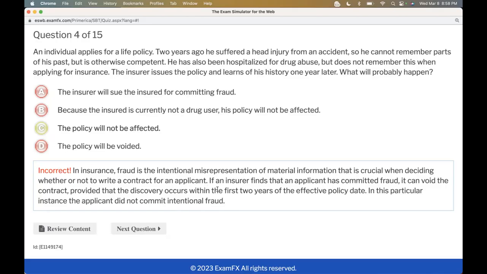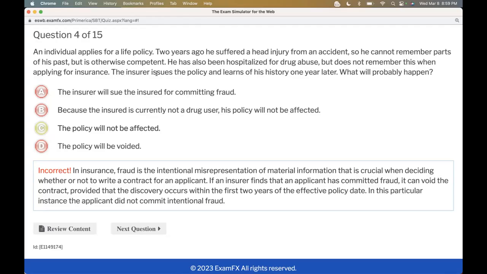Look, the insurer issues a policy and learns about his history 1 year later. You see that? He found out. Oh, wait a minute. 2 years ago. Look at this. An individual applies for life insurance today, let's say, but 2 years ago he suffered an injury and was also hospitalized for drug abuse, but does not remember when he applied for life insurance today.